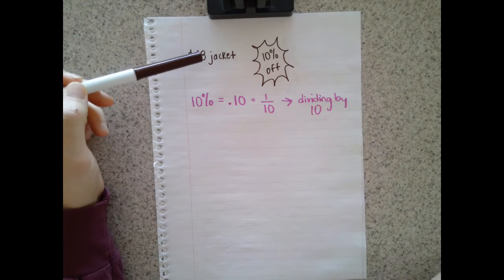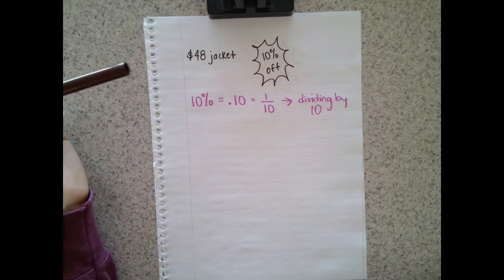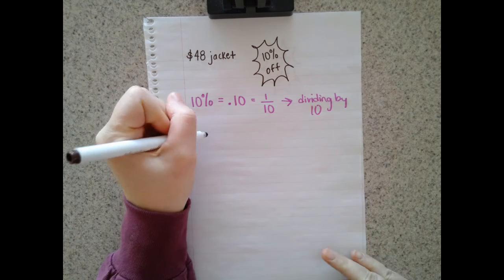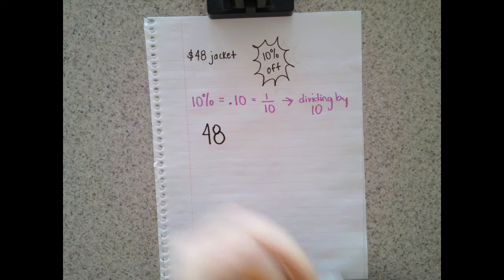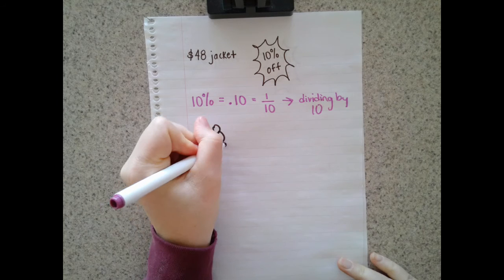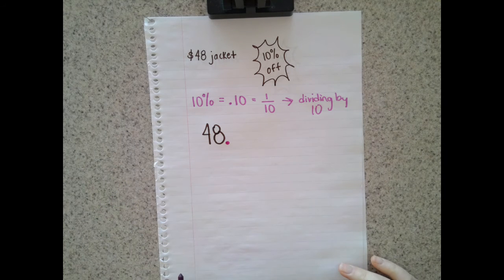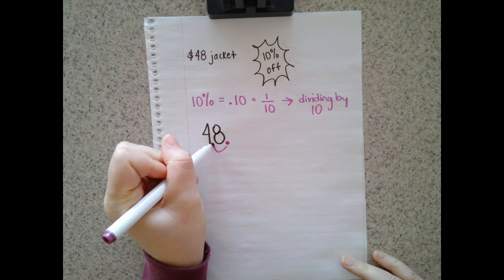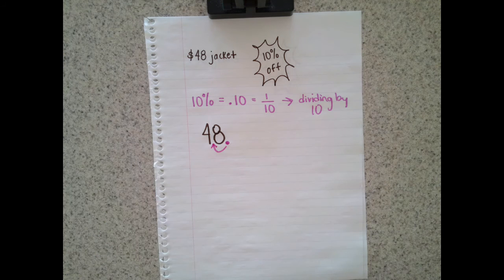So if we have a $48 jacket and we need to divide that by 10, in other words, take 10% off, all you do is identify where the invisible decimal point is at, $48, and slide that decimal point one space left, and you've got your discount.